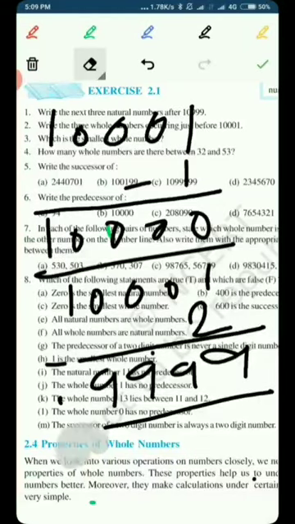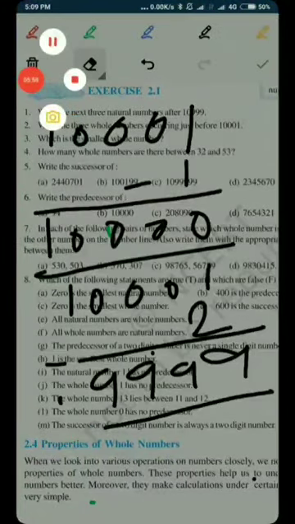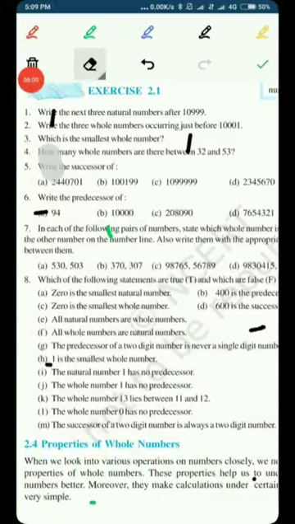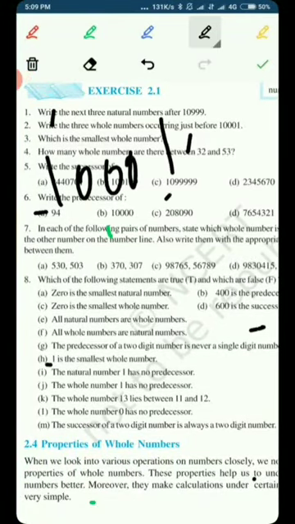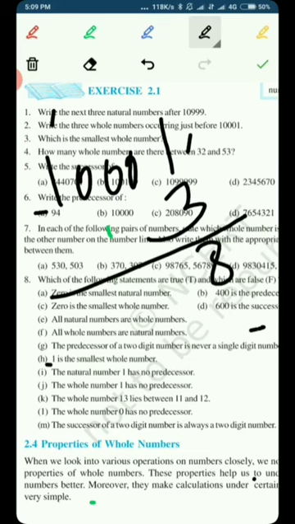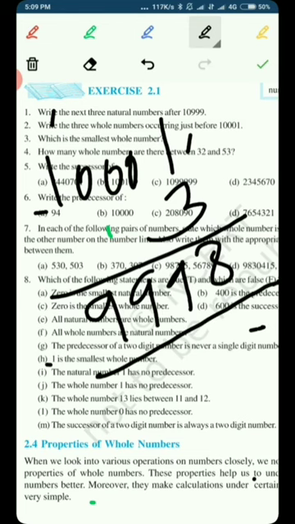And to get the third number that occurs just before, we need to subtract 3 from 10,001. What we get is 9,998. This is the answer.